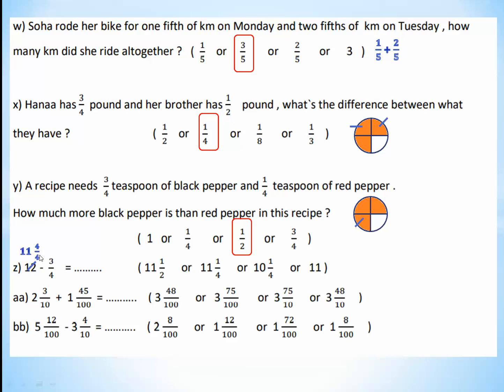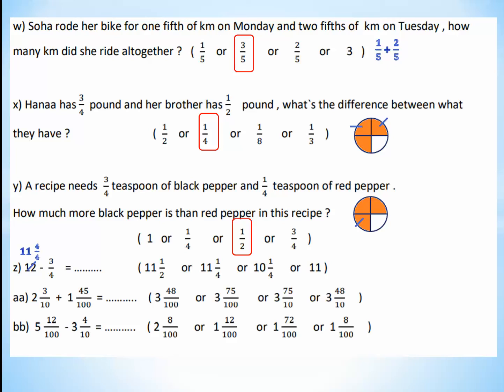Why? Because 4 over 4 equals 1, and 1 plus 11 equals 12. So we change the look, the face, not the number. So it will be 11 and 4/4.